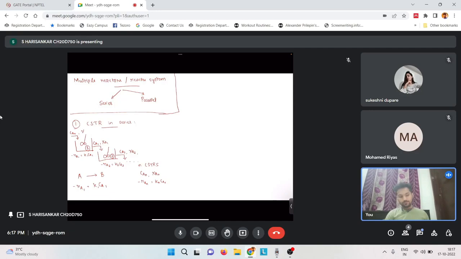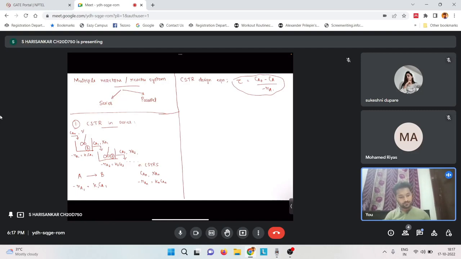Fine. So we'll write the general equation for the design of a CSTR. The CSTR design equation is tau equal to Ca0 minus Ca by minus Ra. This is our general equation for a CSTR. We can apply this CSTR design equation to each of these CSTRs.